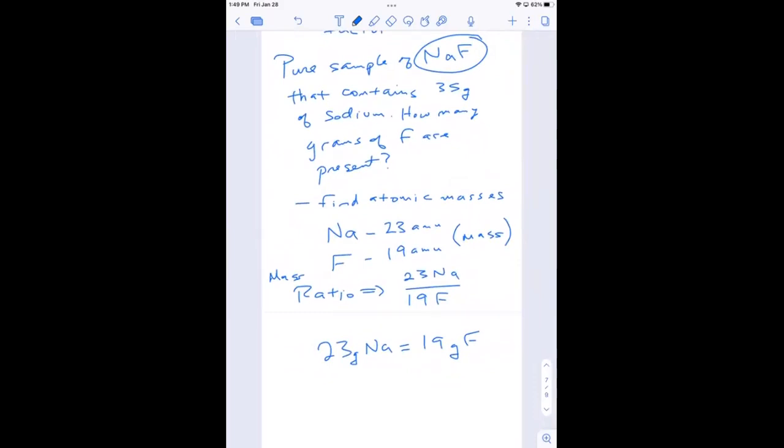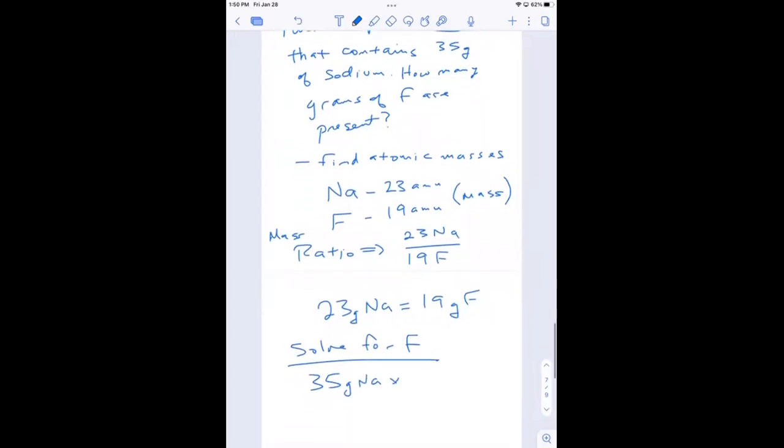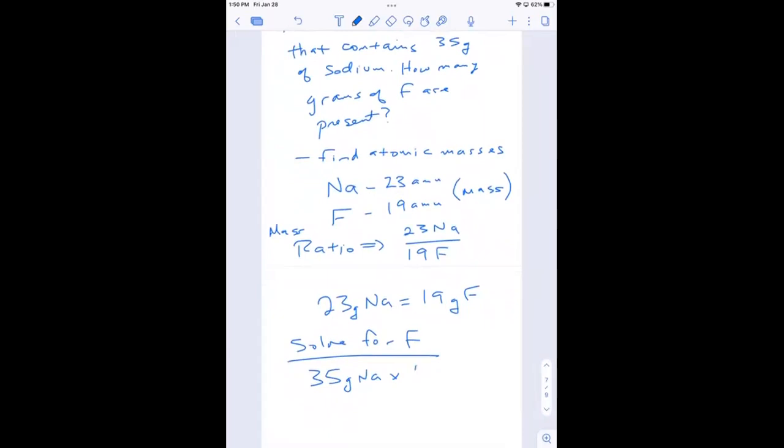If I have sodium, but I don't have fluorine, how can I rearrange that ratio to solve for fluorine? If I've got 35 grams of sodium, can I just interconvert between fluorine and sodium? Can I do that?